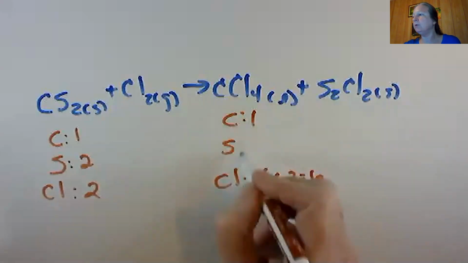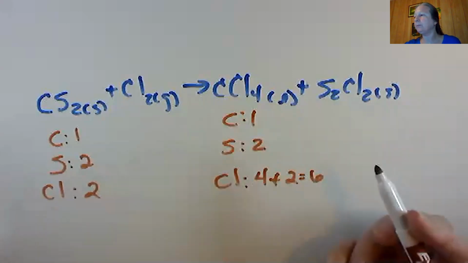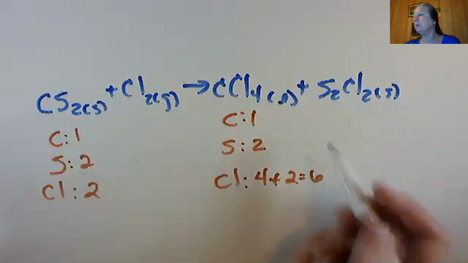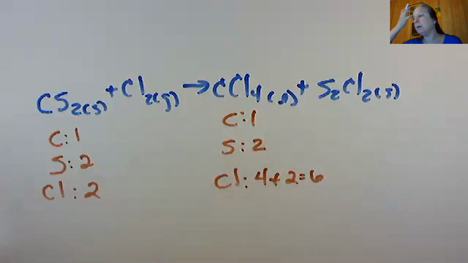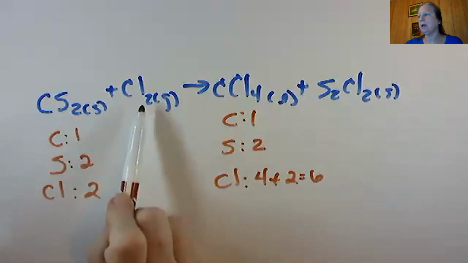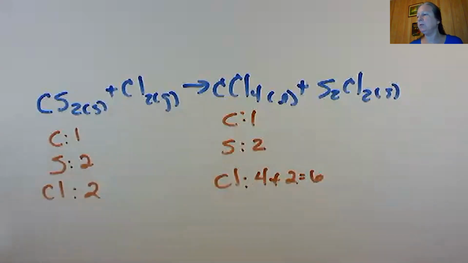And then I have 2 sulfur, right? 4, 5, 6, 2. Okay. So the chlorine is all by itself. So I'm going to leave that for last. That's the easiest to do. My sulfur's fine, my carbon's fine. Okay, well, it looks like chlorine is the one I have to change.